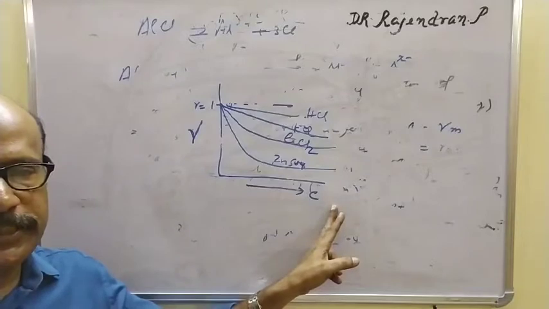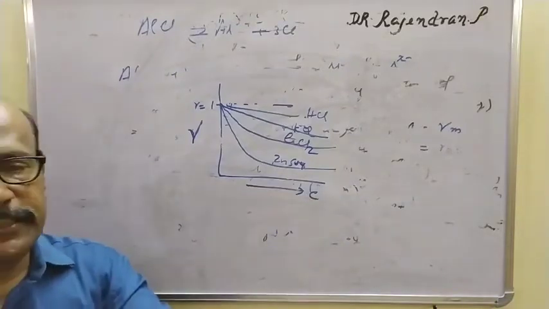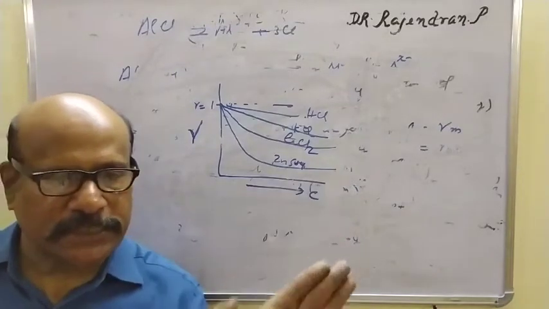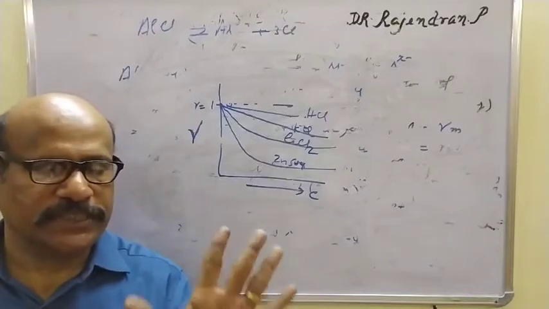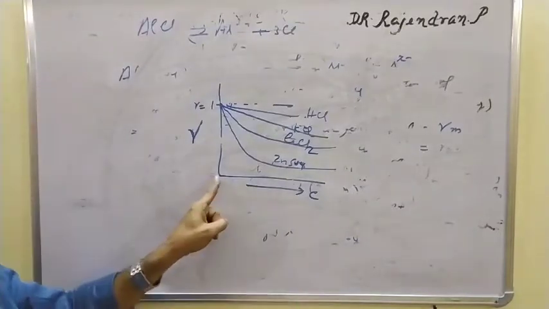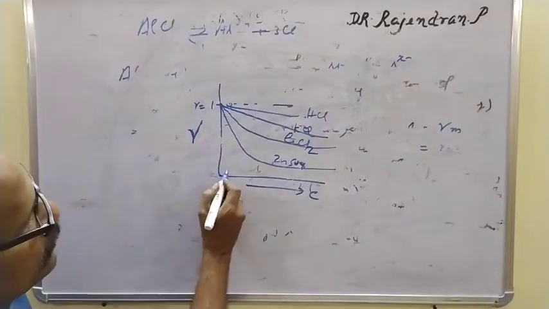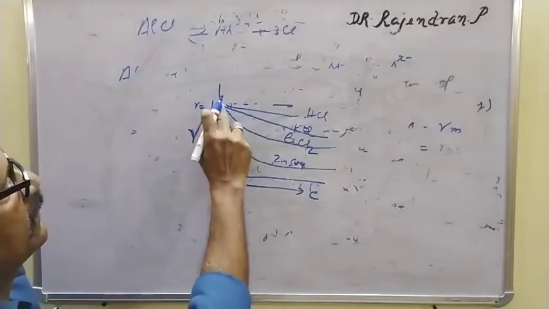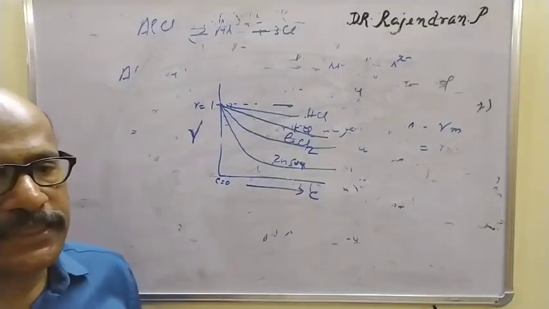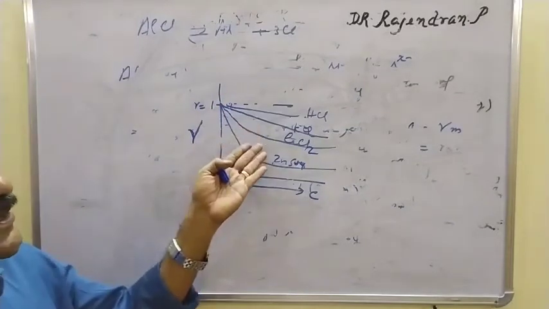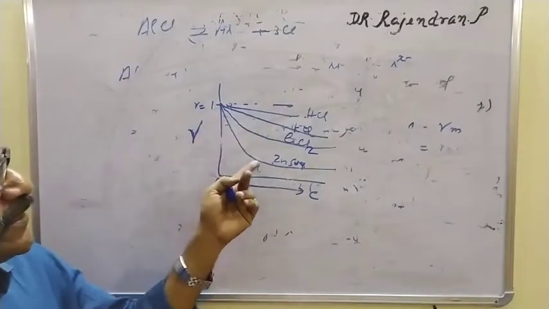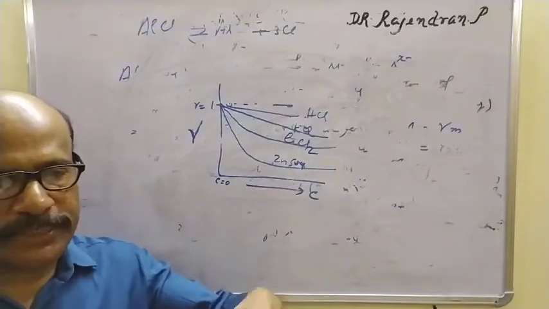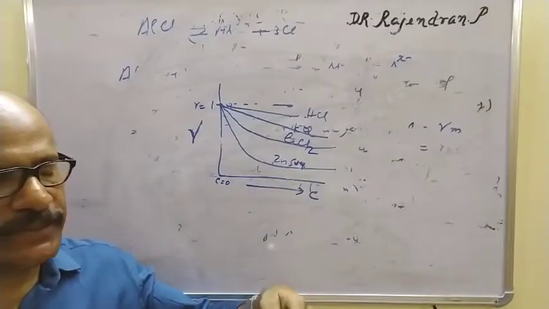That is the first deviation. It is almost 1 at zero concentration, at low concentration; that is the ideal case. As the concentration increases, it gradually decreases from 1. It becomes something like 0.99, 0.8, 0.7, etc.